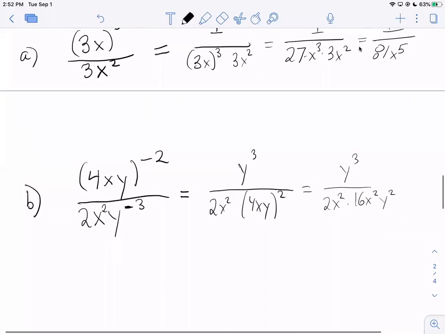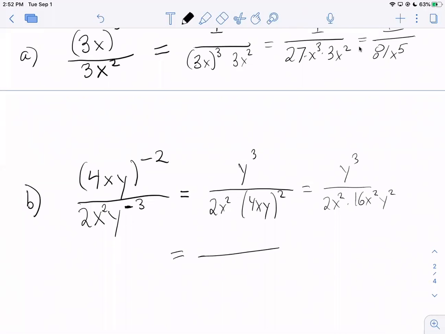If you simplify the last step, you'll get y to the third all over 32x to the fourth y squared, and the y's cancel, leaving you with y over 32x to the fourth.